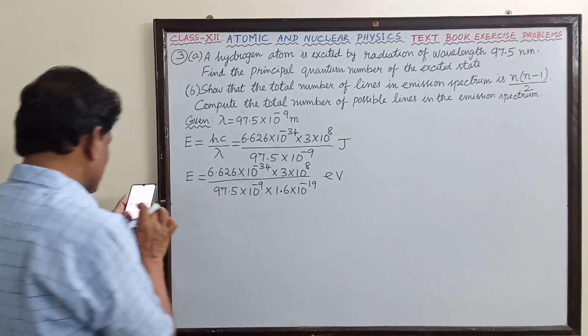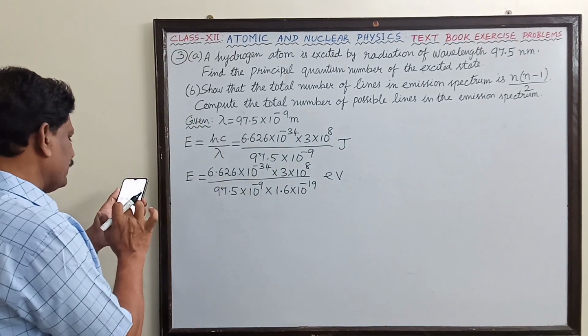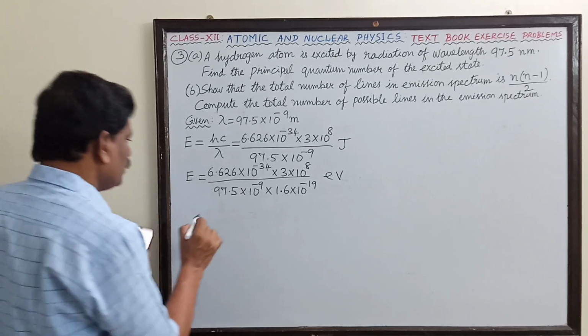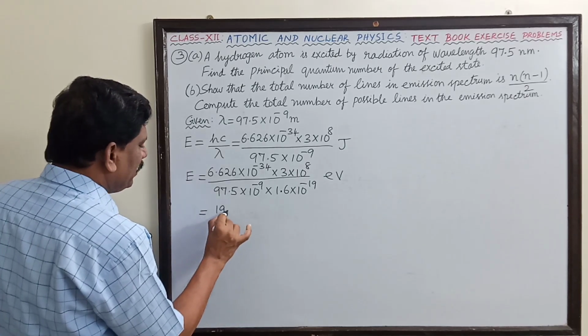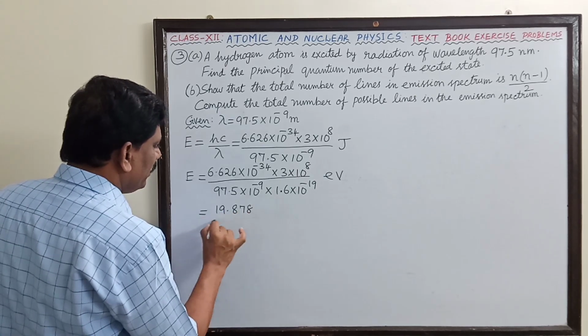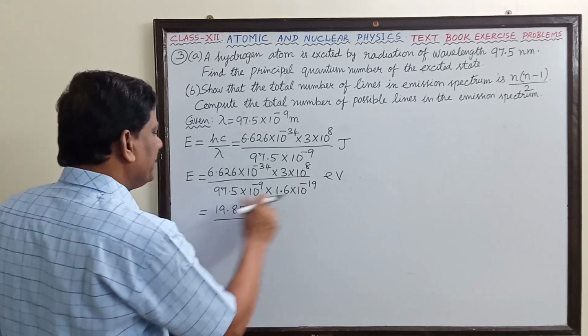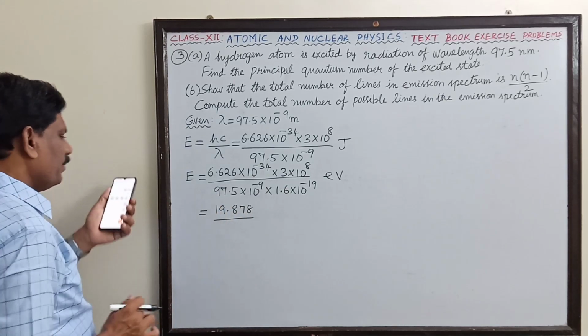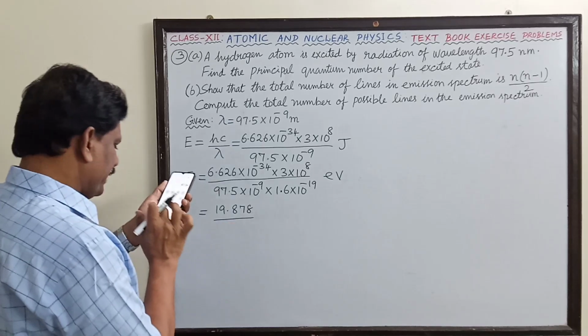The product first, the numerator is 6.626 multiplied by 3 is equal to 19.878, divided by denominator product is 97.5 multiplied by 1.6.